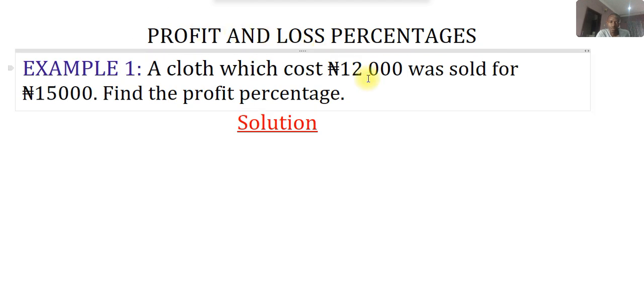So let's consider some examples. Example 1: the cloth that cost 12,000 naira was sold for 15,000 naira. Obviously we know that this is going to end in profit, so the question is requiring us to obtain the profit percentage.